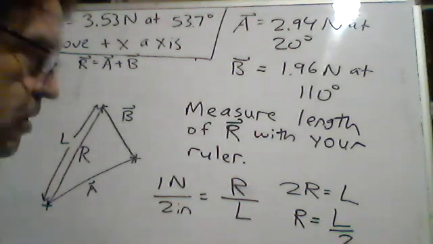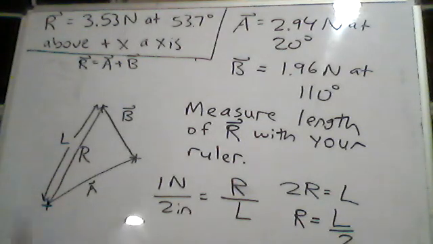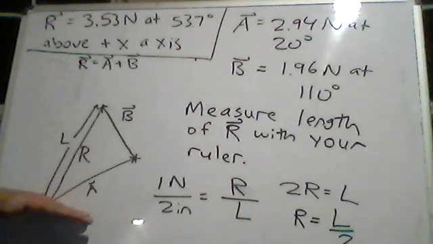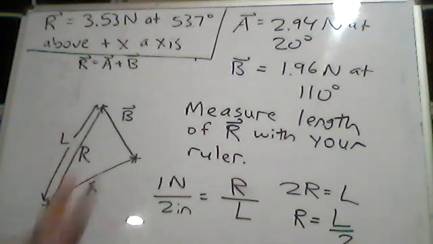You convert that length back to force or back to whatever the units are. It could be velocity vectors or whatever. In this case, it's force. And then you'll measure that final vector, that angle with the protractor, from basically the origin you used for A. You'll measure it with the protractor and you'll get your answer. And again, this is called the graphical method.